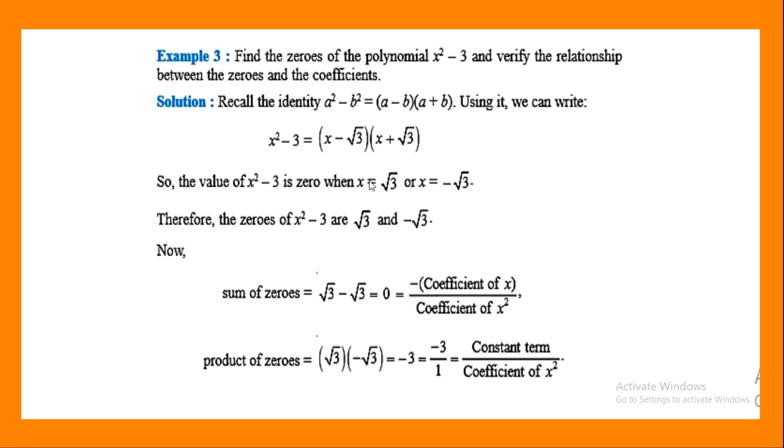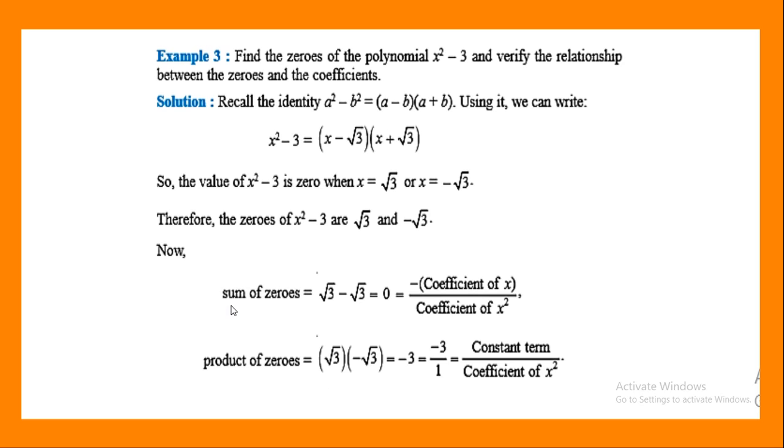That is, when x equal to root 3 or when x equal to minus root 3, the value of this polynomial will be equal to 0. So we can say that the zeros of this polynomial x squared minus 3 are root 3 and minus root 3.